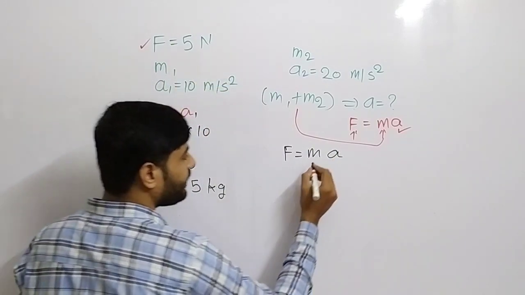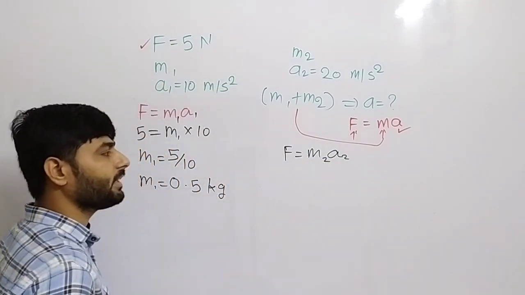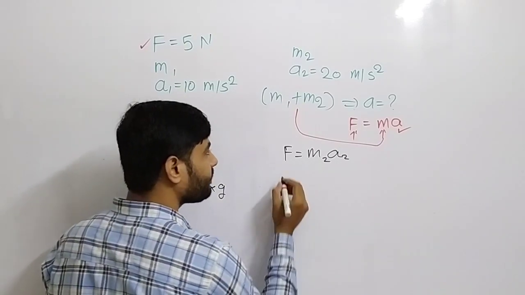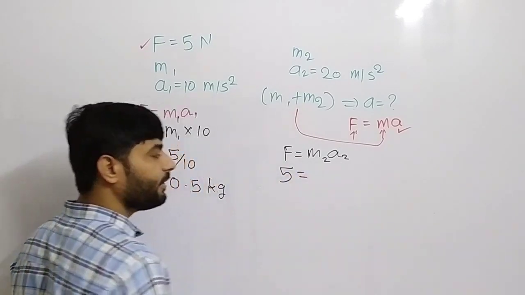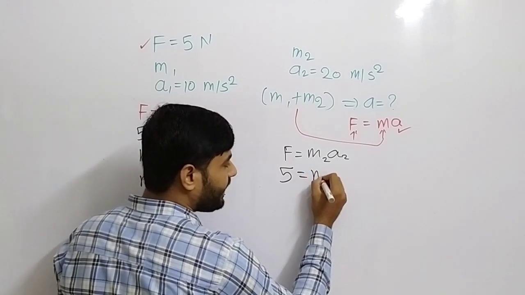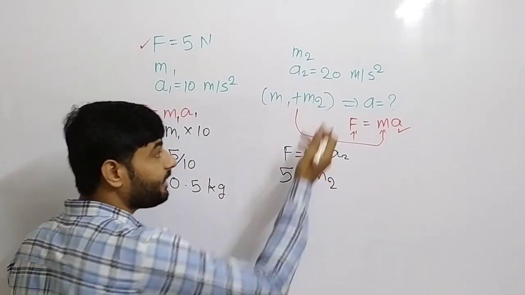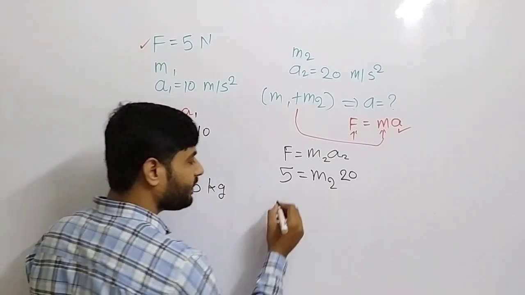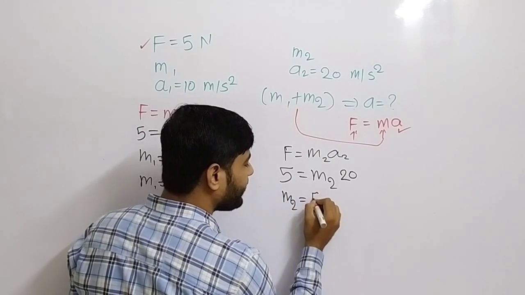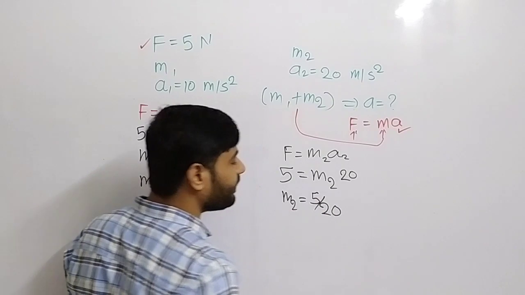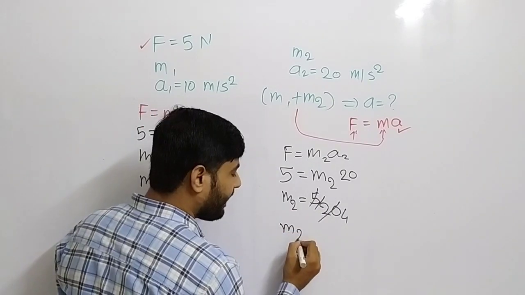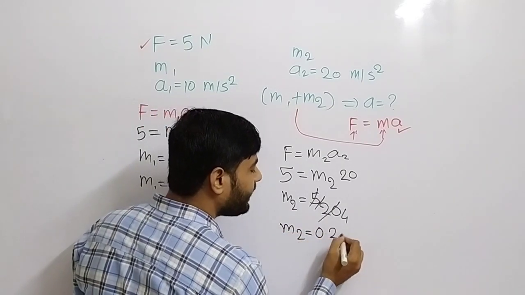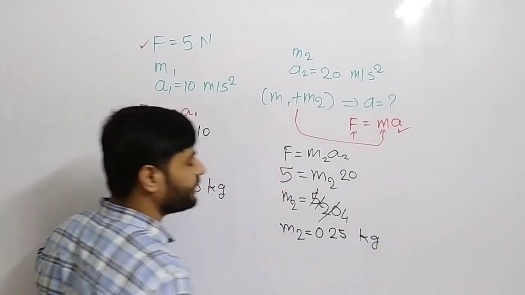F is constant, and for m2 and a2, force is 5 Newton, m2 we have to find, and a2 we have 20 meter per second square. So m2 is equal to 5 divided by 20. So I got m2 as 0.25 kg.